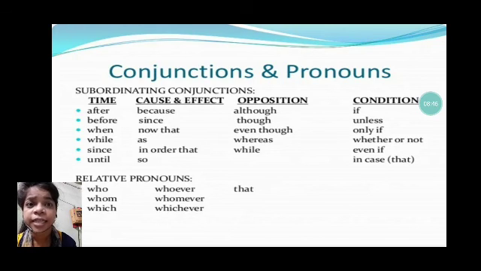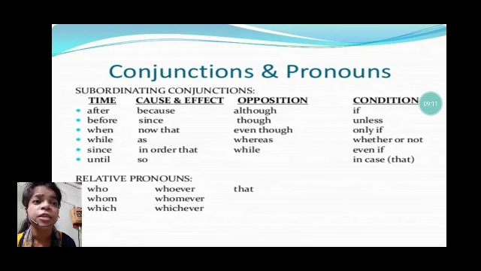Now, as I said, when we connect any subordinate clause with a main clause, we need what? A subordinating conjunction or relative pronoun. So here some words are given which come under subordinating conjunctions and relative pronouns. Subordinating conjunctions to denote time: after, before, when. To denote cause and effect: because, since.